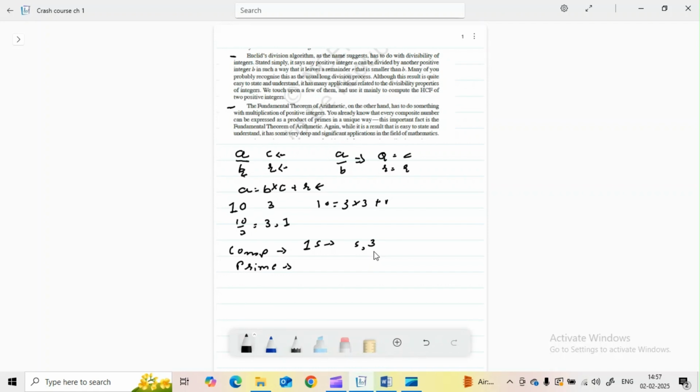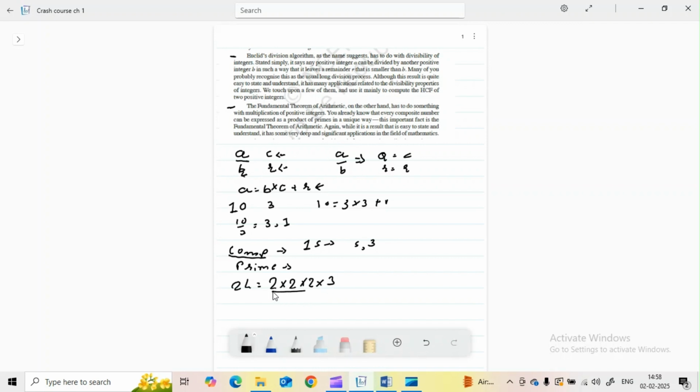Now, what does the fundamental theorem of arithmetic say? That any composite number can be written as the multiplication of prime numbers. So let's take an example, 24, right? If we take the example 24, then we can write 24 in prime numbers. So if we divide 24 by 2, again by 2, again by 2, and multiply by 3, right?